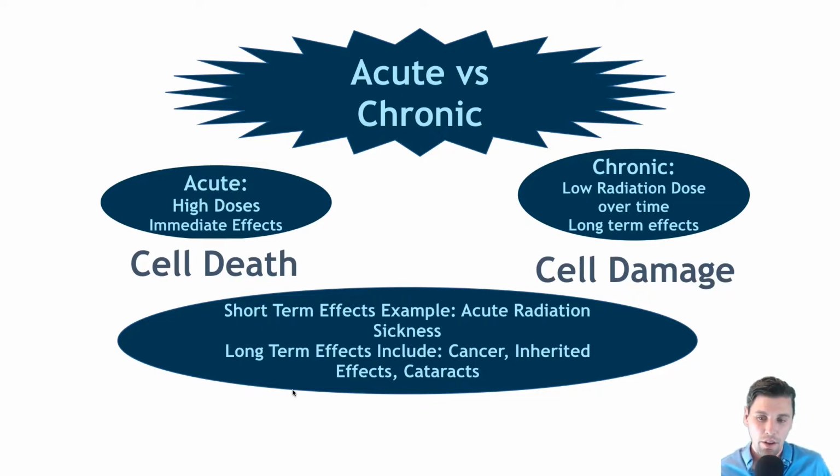So cell death, again, is primarily caused by higher radiation doses. The short-term effects, for instance acute radiation sickness, we have another video on. Long-term effects include, for instance, cancer, inherited effects, and cataracts, which we have separate videos on as well.